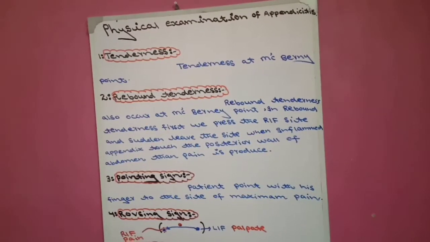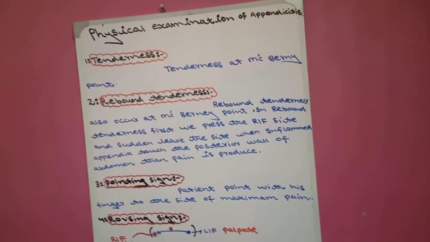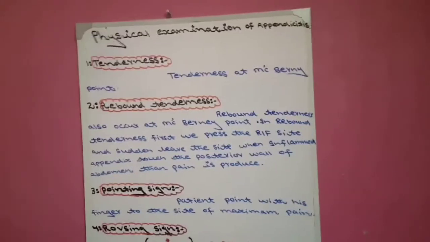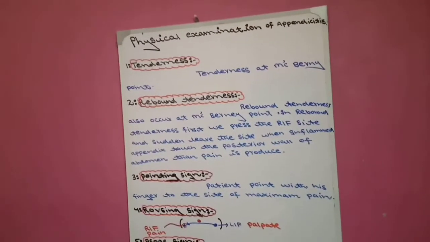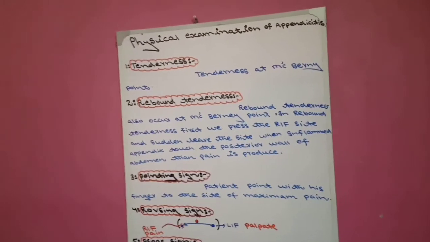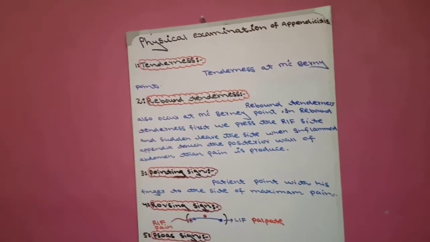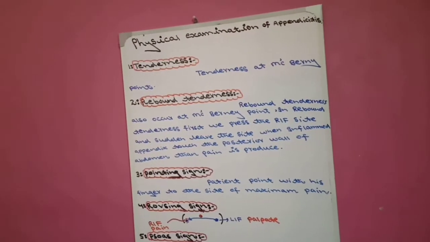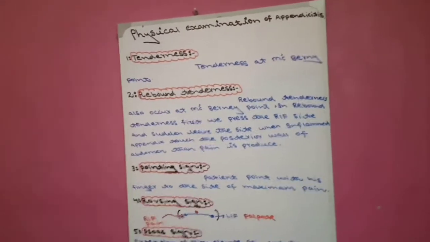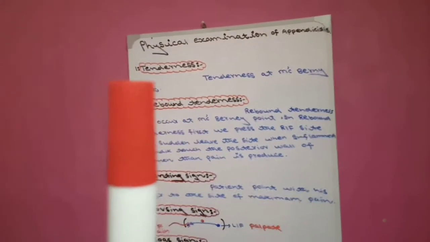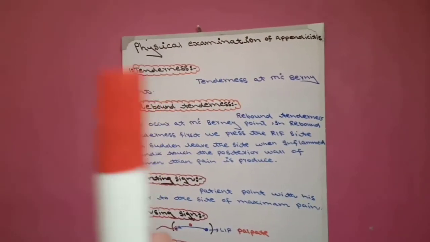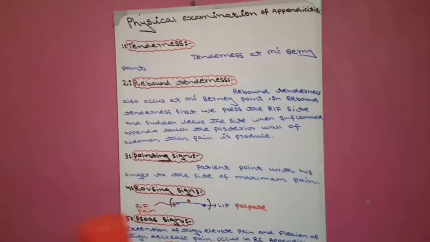Or when we move from the ASIS toward the umbilicus, the point at 1/3 distance from the ASIS is called McBurney point. Now the first sign we find during physical examination of the appendicitis patient is tenderness at McBurney point.